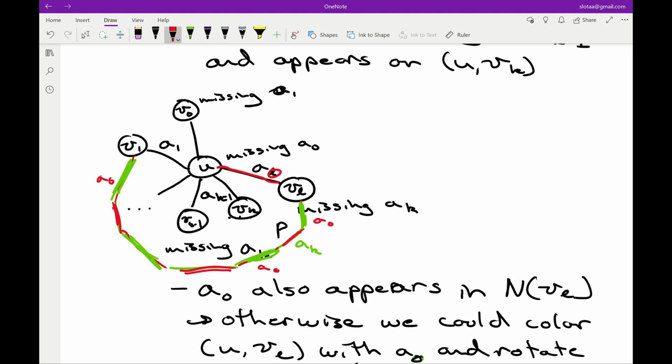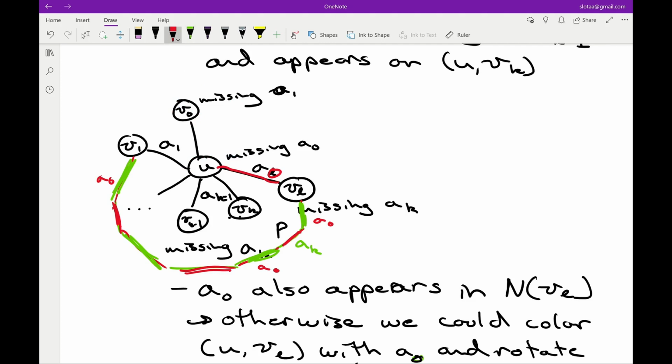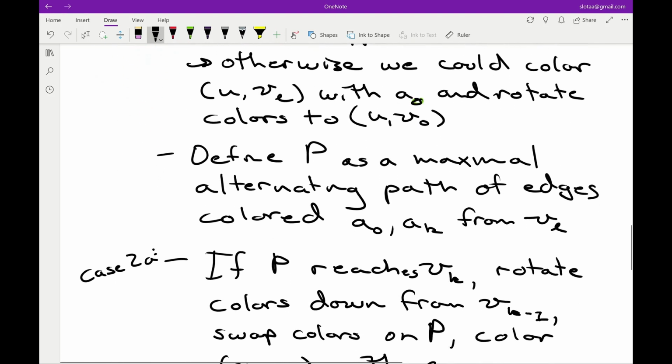We can still do the swap as is and end up with, instead of A sub K, hypothetically, if V1 was missing A sub K in its neighborhood, or if it was missing anything else, or it could end up elsewhere within the graph. But the argument is the same no matter what. We do this, and then we do our rotation of our colors all the way back down. So now U V0 is colored.